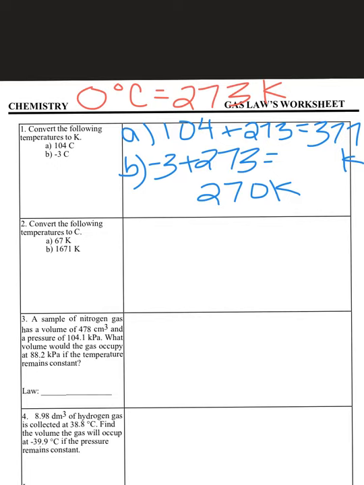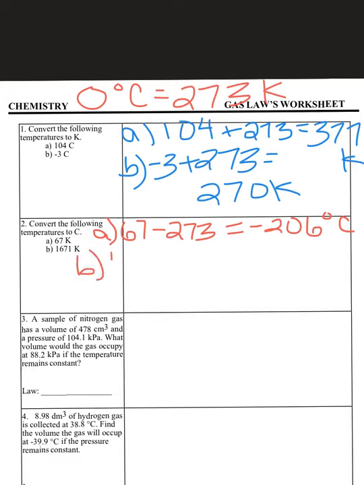Number 2, convert the following temperatures to degrees Celsius. We're going to do the exact same thing. I'm going to start over here, give myself some more room. But instead of adding 273, we're going to subtract 273. This gives us -206 degrees Celsius.